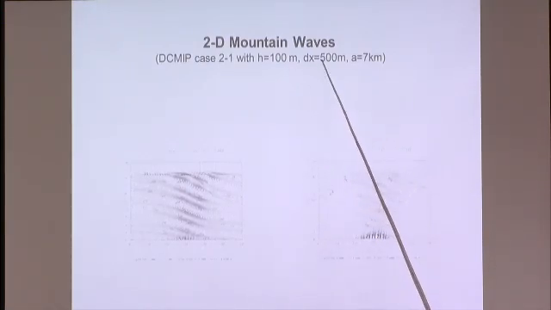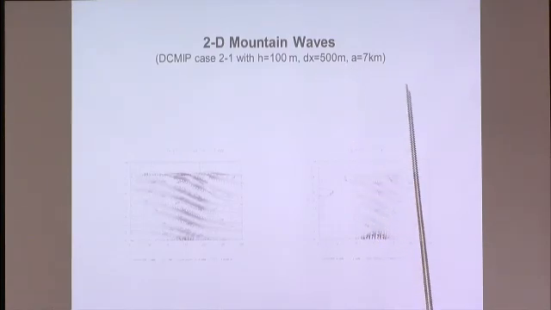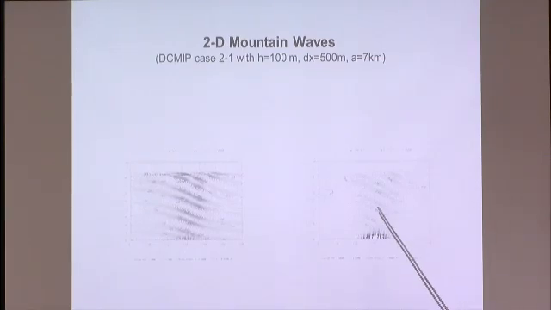And in this DCMIP, it uses 330 delta x. It's inconvenient. So anyway, in this case, I use 500 meters, and then I expand the A a little bit larger.